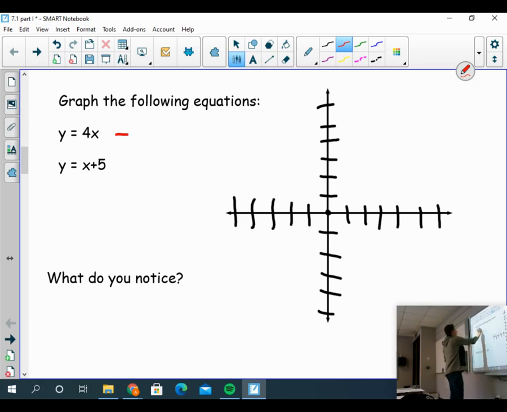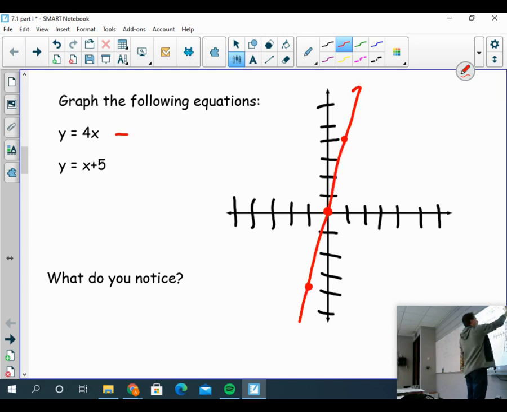For my equation in red, there is no listed y-intercept, so the y-intercept is 0. And this one tells me to go up 4 over 1 with my slope. I could also go down 4 and left 1 if I desired. And I'm going to draw my line through. Now we graph the other. This one's going to start at plus 5.